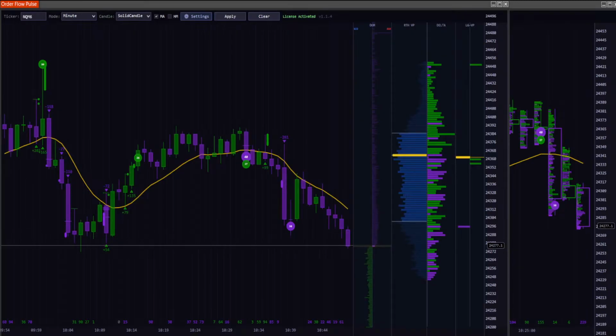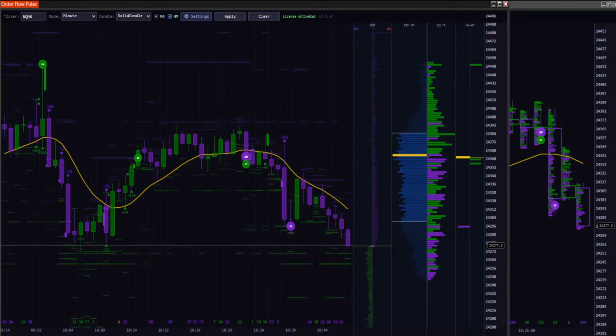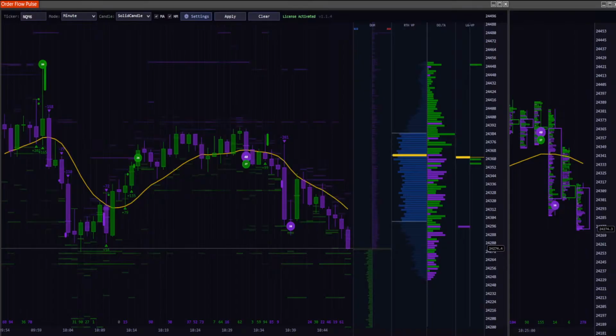If you try to go short here, you've got this big volume, big delta volume right there. You can use that support. If you want to try and go short, the moving average is sloping downwards. The 1-minute is sloping downwards.